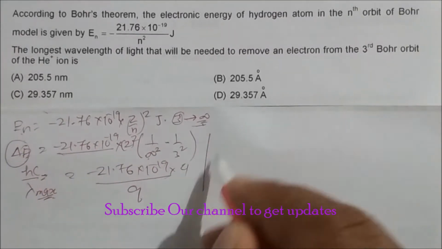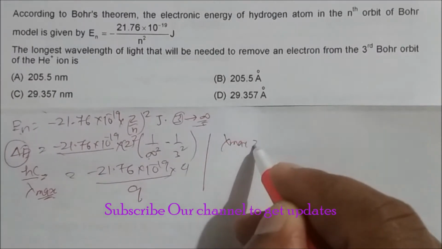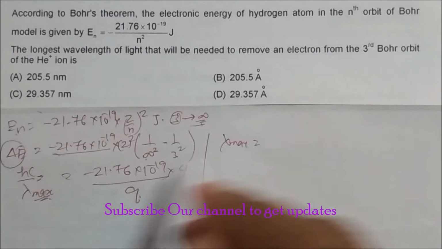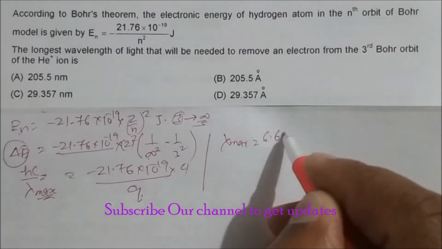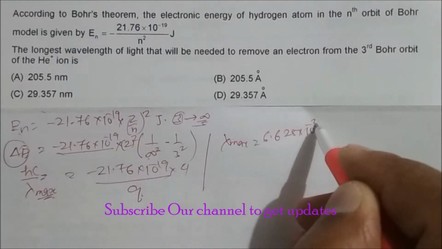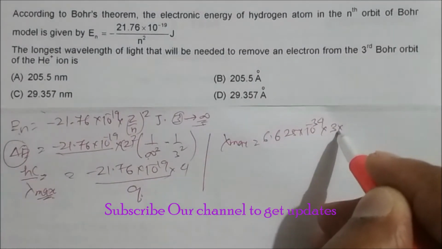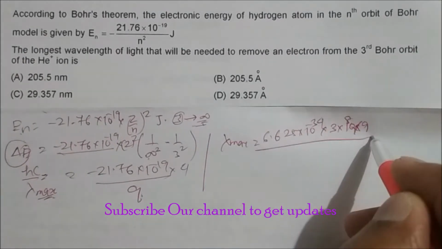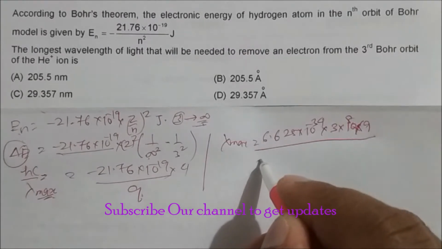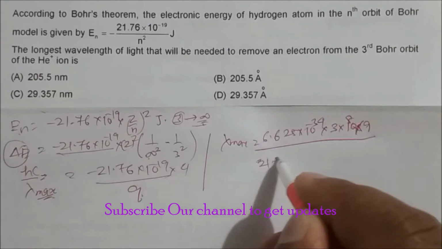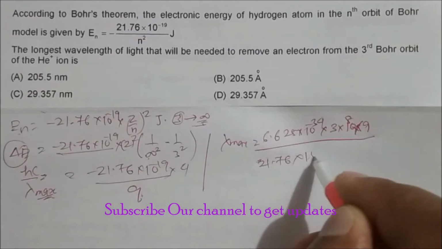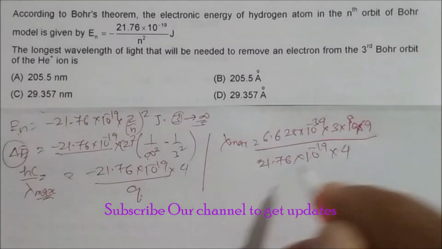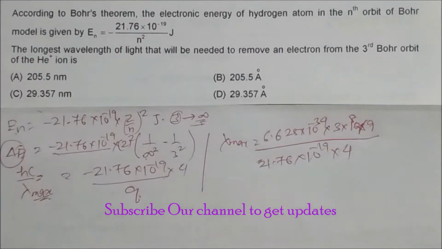So lambda max will be equal to hc, which we know very well, so you have to multiply: 6.625 into 10 to the power minus 34 multiplied by 3 into 10 to the power 8 and multiplied by 9. And if you divide it by minus 21.76 into 10 to the power minus 19 into 4, this is the value.